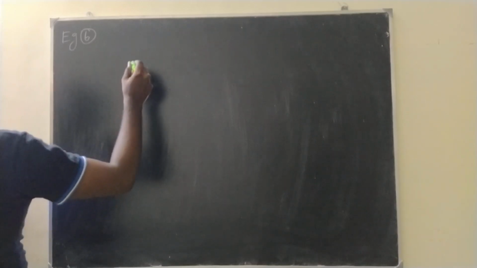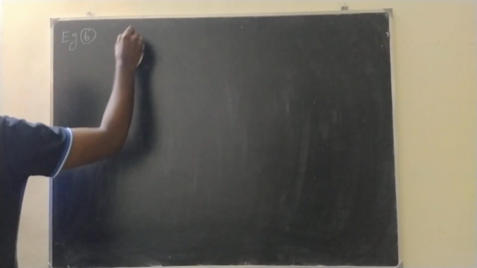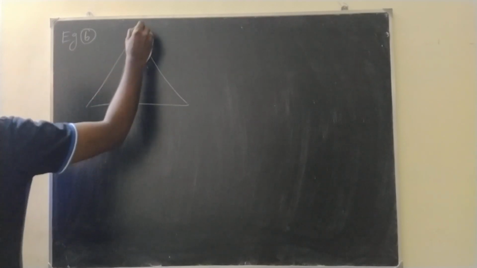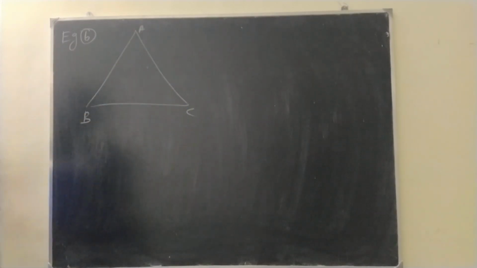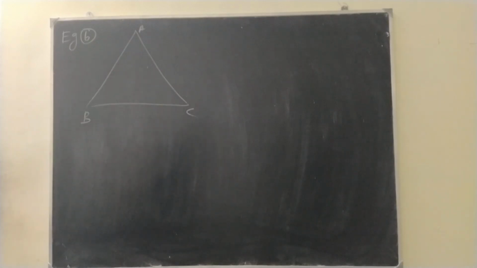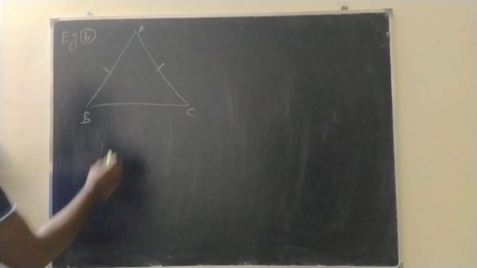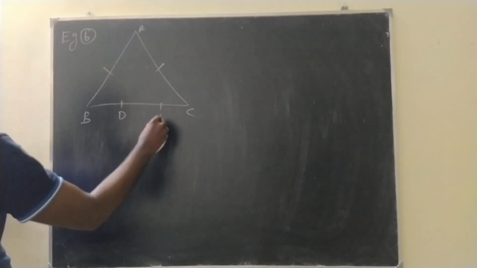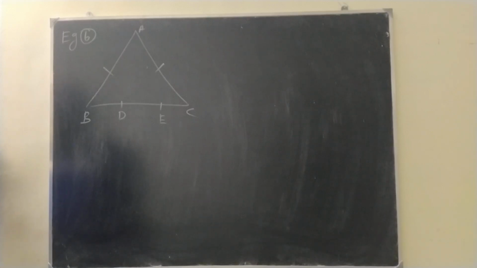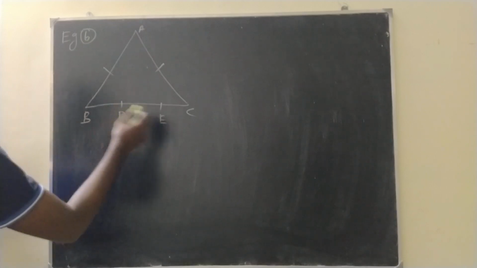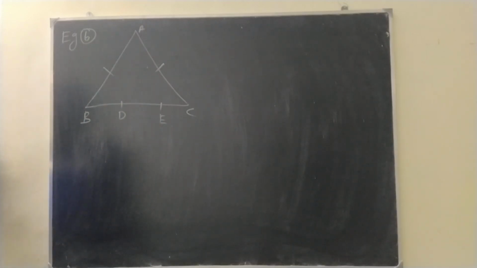Example 6, that says, in an isosceles triangle ABC, with AB equal to AC, D and E are points on BC such that BE is equal to CD.